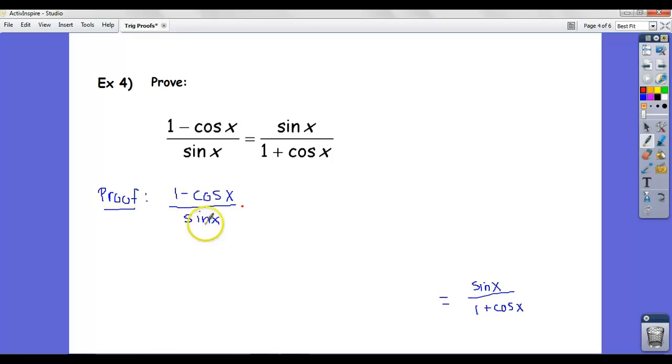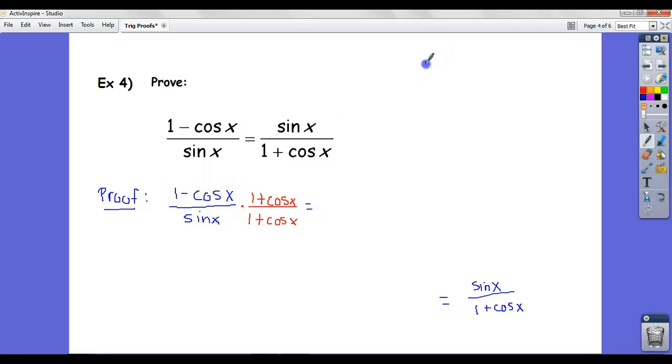So I don't have a 1 plus cosine at the bottom. I have a sine at the bottom, but I can force there to be a 1 plus cosine at the bottom if I multiply the bottom by 1 plus cosine, and the top. And then let's just see what happens. Since I know this is true ahead of time, I'm guaranteeing that this is going to work out nicely.